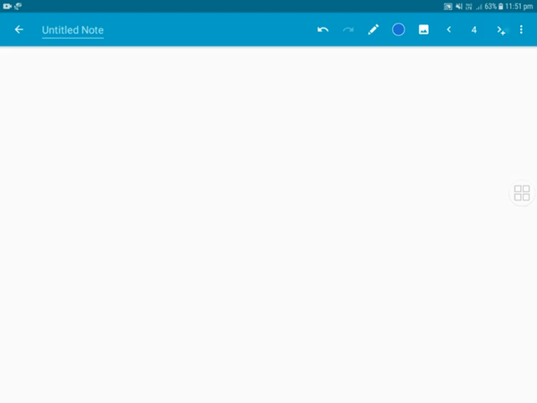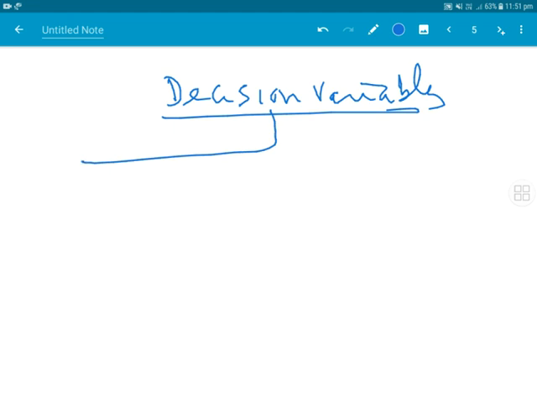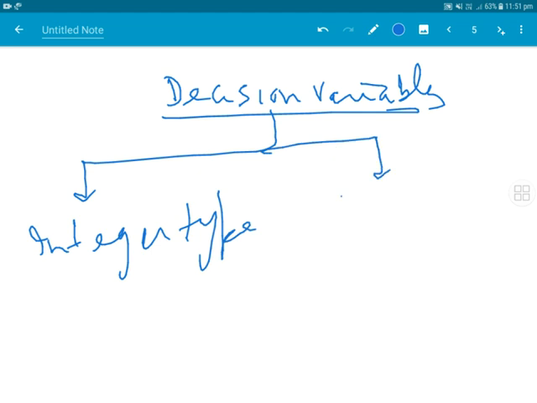Next, depending on the decision variables, they may be integer type or mixed, sometimes said to be mixed integer type.